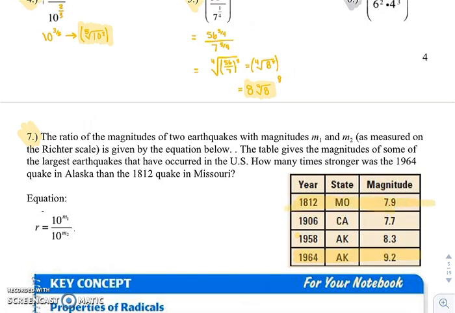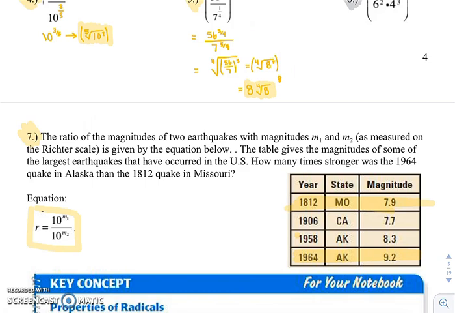So it gives you your little equation over here on the side. So we're trying to figure out the magnitude of these earthquakes in scientific notation. So it literally just says 10 to the magnitude 1. So the magnitude of the first one, the larger one, was the one in Alaska.